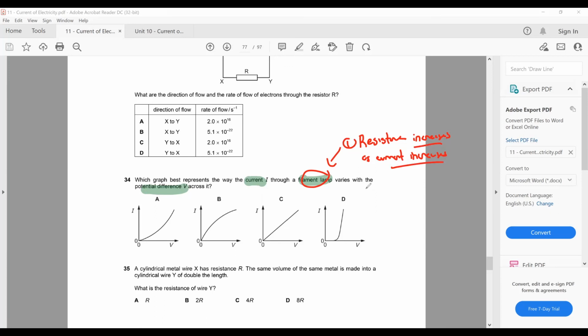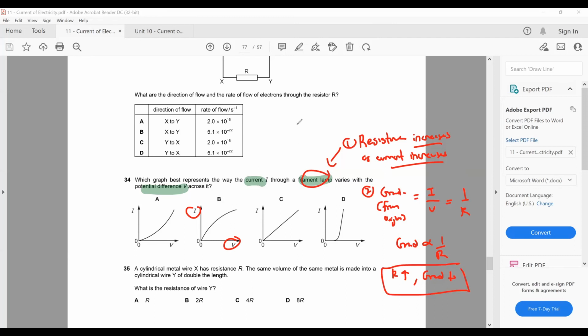Now then after that, the gradient from origin, don't take the tangent, is I over V, which is 1 over R. So gradient is inversely proportional to R. If your R is to increase, gradient must be dropping. This is number 2. Gradient from origin must be dropping.